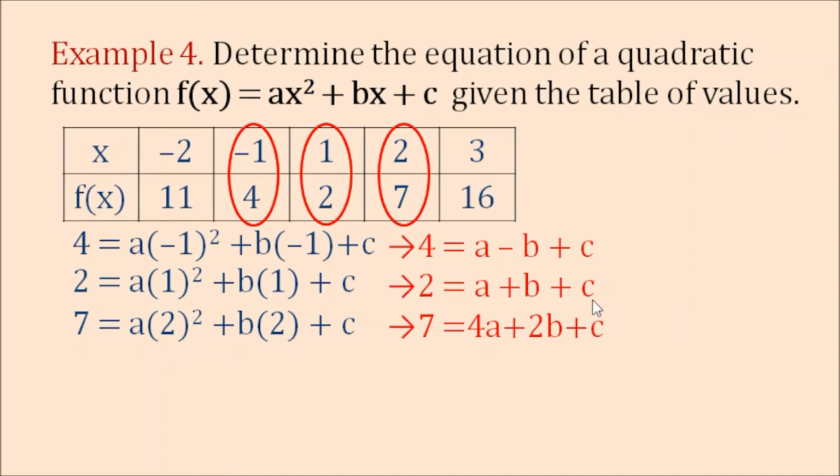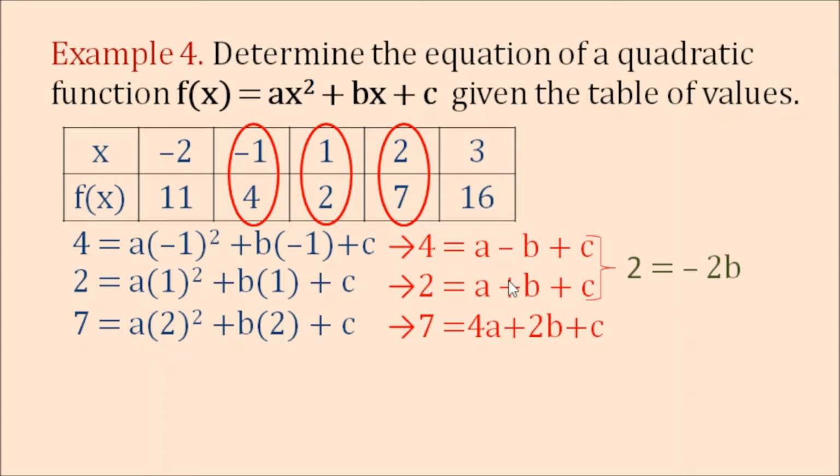Now we can solve simultaneously equations 1 and 2. So we can subtract. 4 minus 2 equals 2. A minus a is 0.